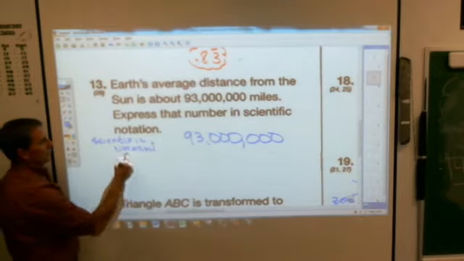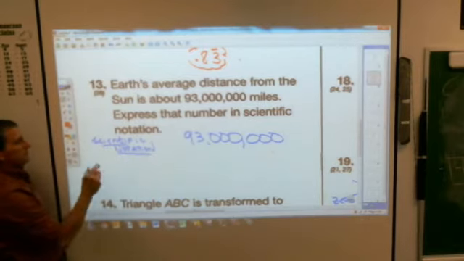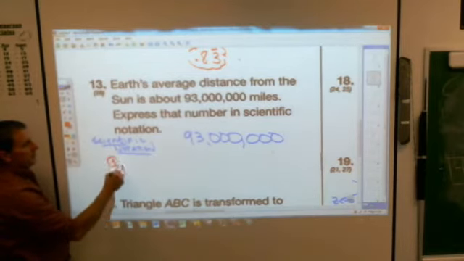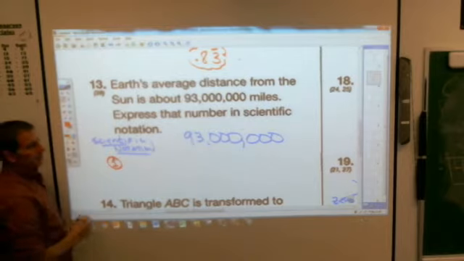In your scientific notation notes, write down these simple steps. Step number 1, and this is what Olivia asked, where do you put the decimal?